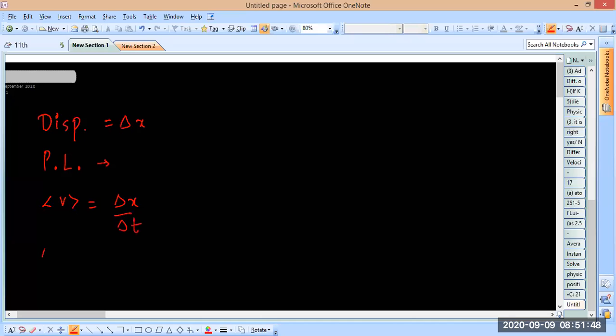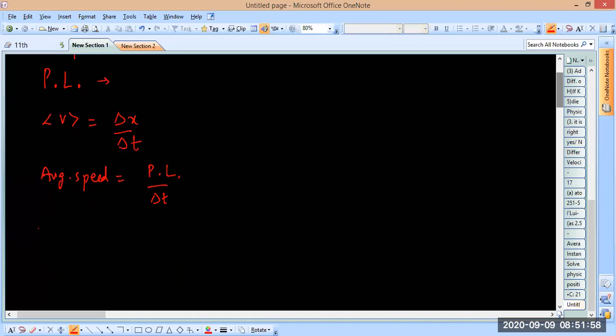Then average speed, which is path length divided by time interval. Then velocity, V is equal to dx by dt.